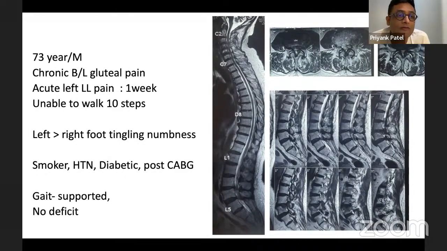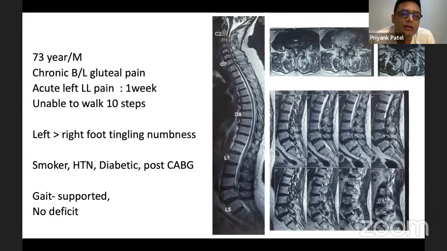The other thing that you also have to see is, in such tight stenosis, you would want to look for undetected bladder involvement. So in these patients, you should get a pre and post void USG done.